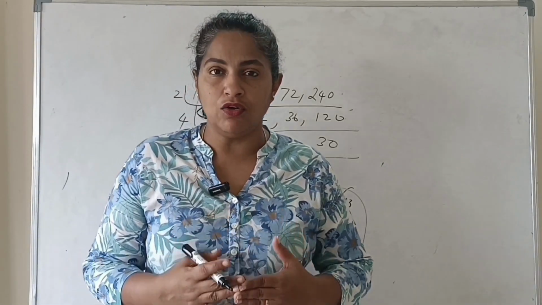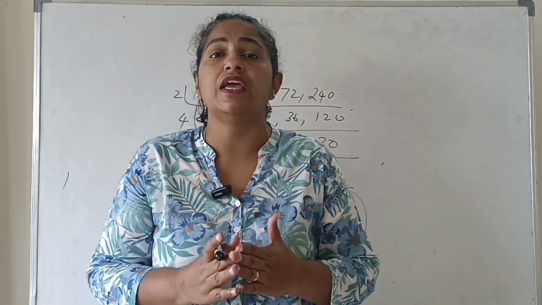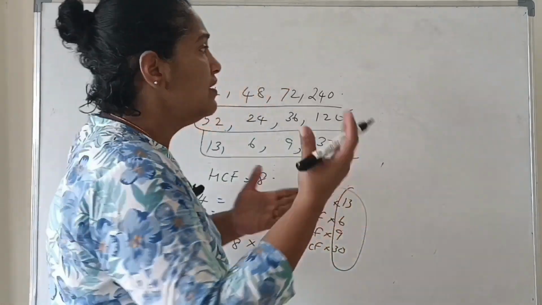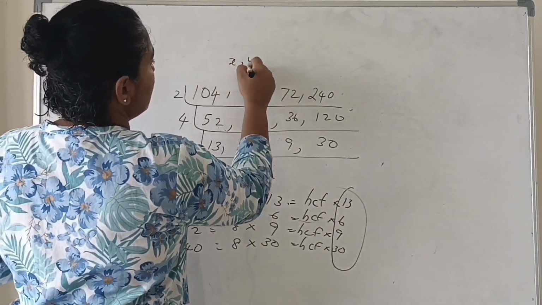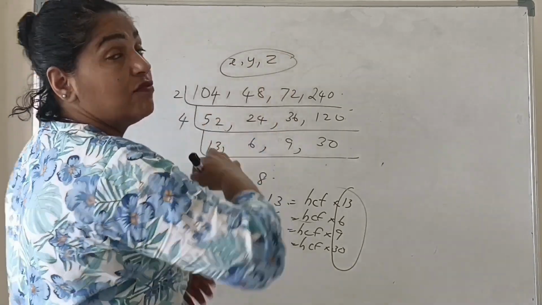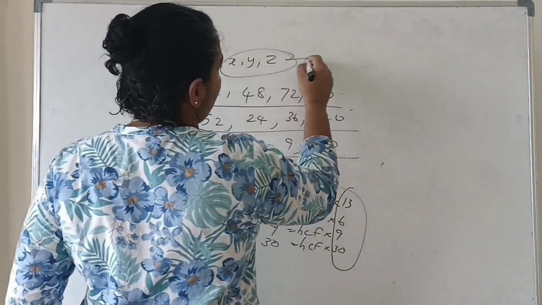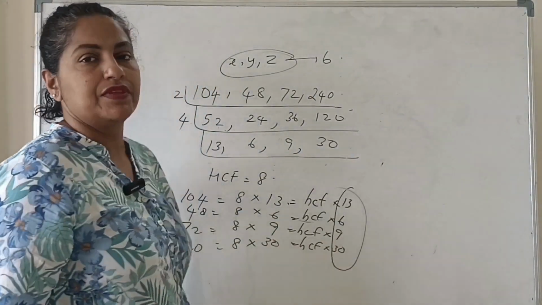Suppose we have unknown numbers that share a common HCF of, let us say, 6. Suppose there are 3 unknown numbers x, y and z that share a common HCF of 6.